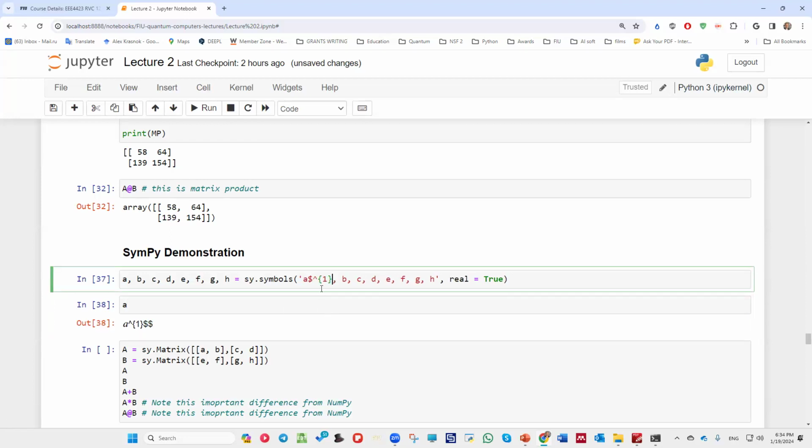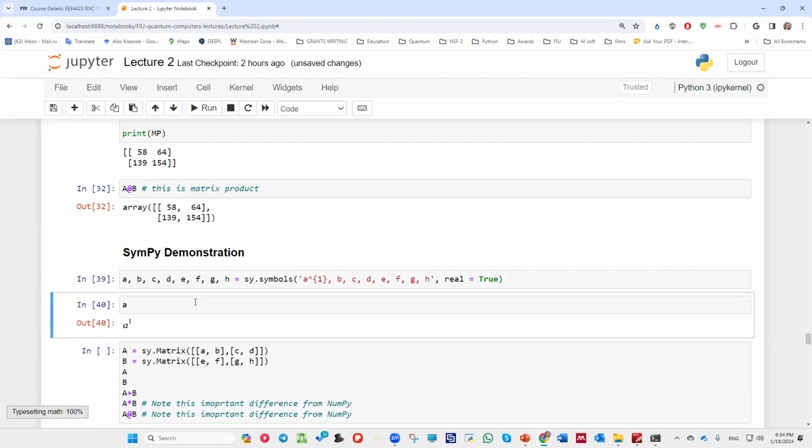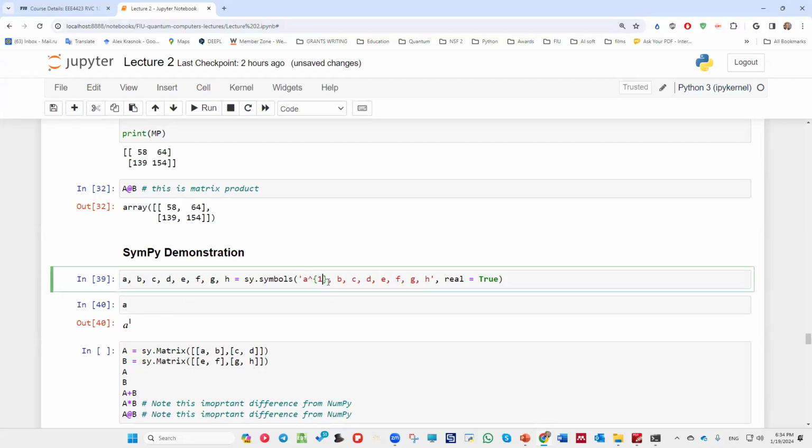Let me see. Yeah, so I don't need these dollar signs when I use symbols. That depends from library to library.